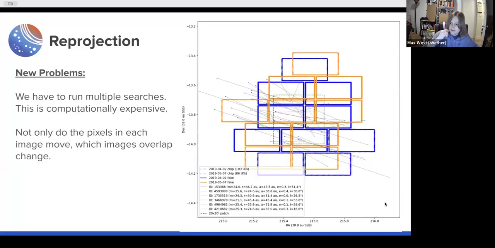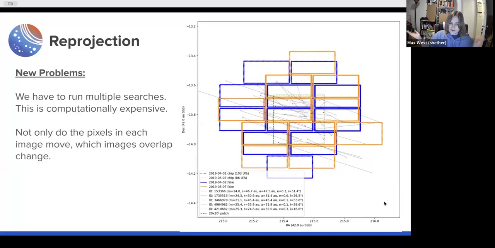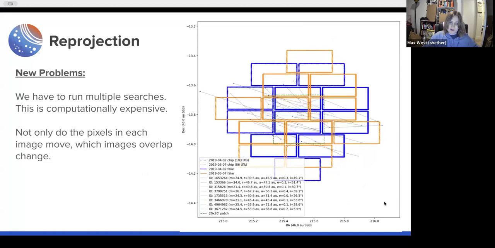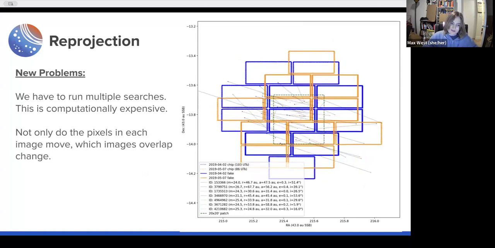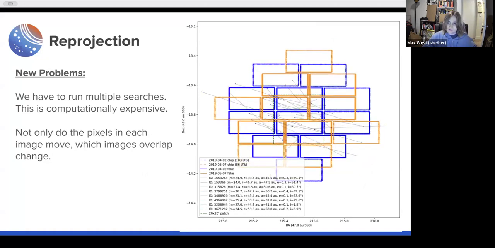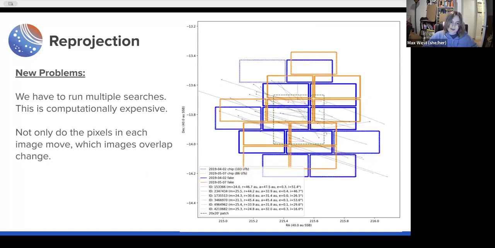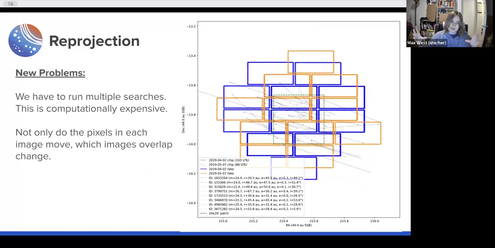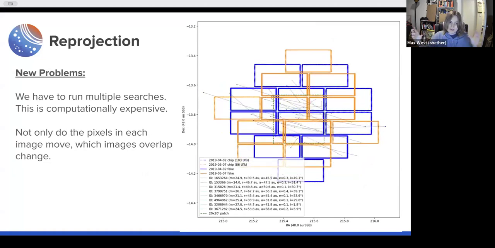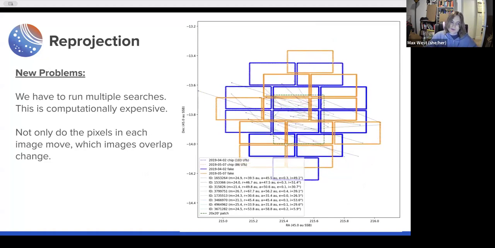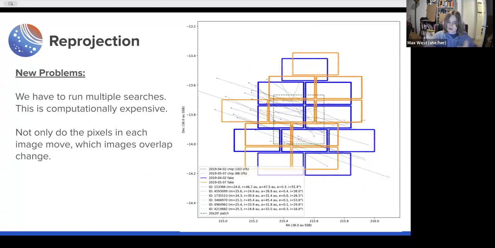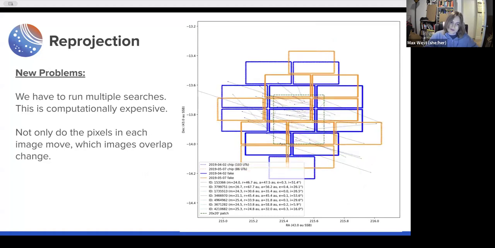Next slide. And then to further create problems, as we are doing these reprojections, you can see along the bottom of this animation the distance that we are guessing from the solar system barycenter is going up. And these are DECam observations, stacks of DECam observations, which images are lining up and could be theoretically created into an image stack to search through.